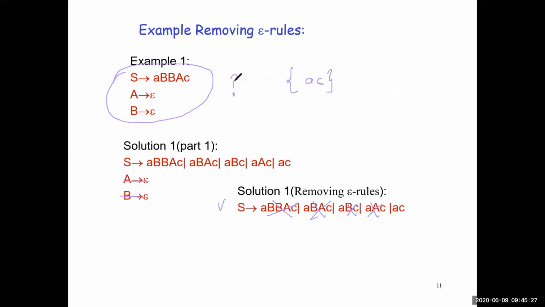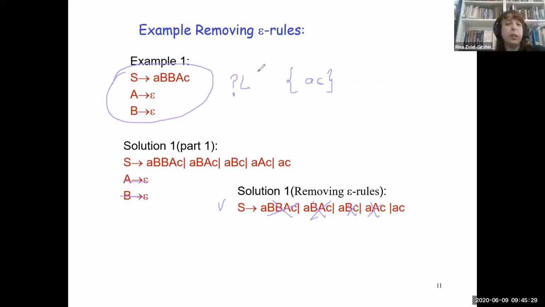So the language of this grammar G was only AC. Please pay attention that after removing epsilon rules, I also have S derives AC. So basically it's the same language.